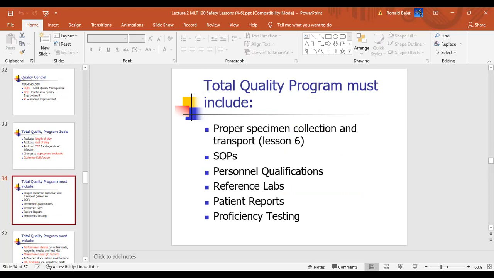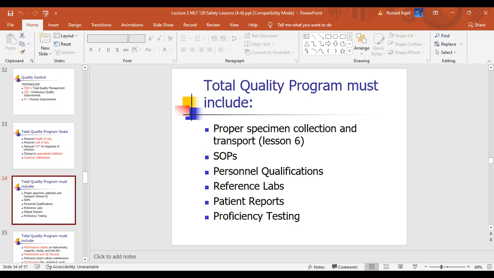CAP inspections. If you are responsible for the lab general program, which is the general portion of the laboratory, or if you're a section supervisor, they're going to take a look at your specimen collection and transport procedures. They want to see that your SOPs are current and up to date and have annual review. Personnel qualifications, to make sure every person in your department has current training.